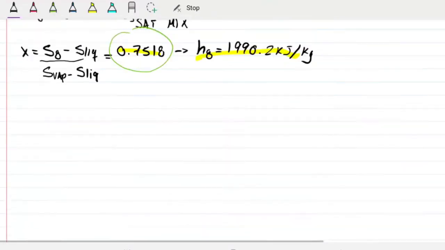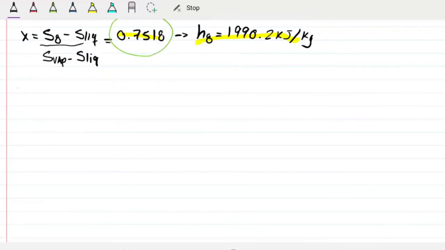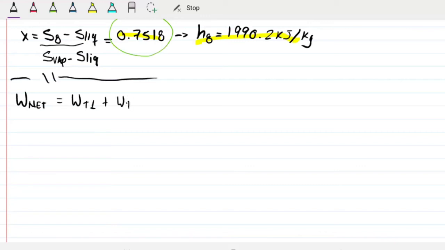So the net work is going to be turbine 1 plus turbine 2 minus the work of pump 1 minus the work of pump 2. Okay, so let's first do the turbines.